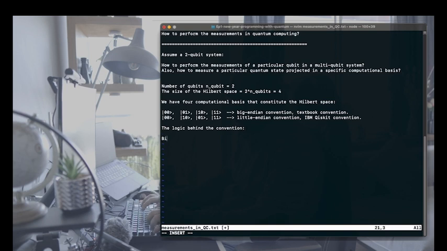So here is now the logic behind the convention. What we call Big Endian means that we basically put the start of the count of qubits from the left. So we have ket qubit 0 and then qubit 1. So we count from the left.